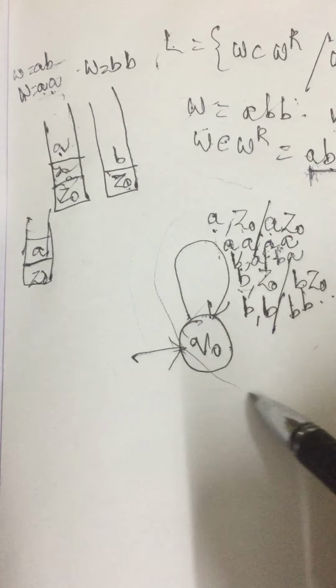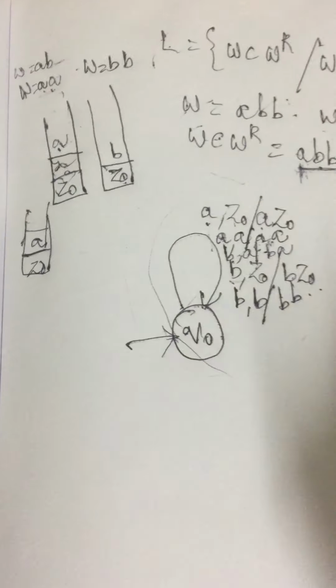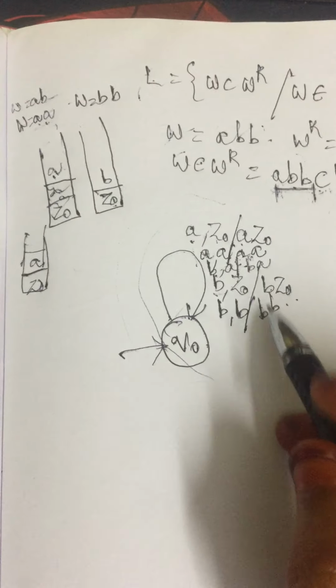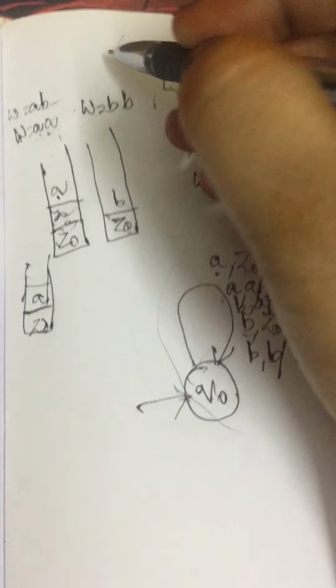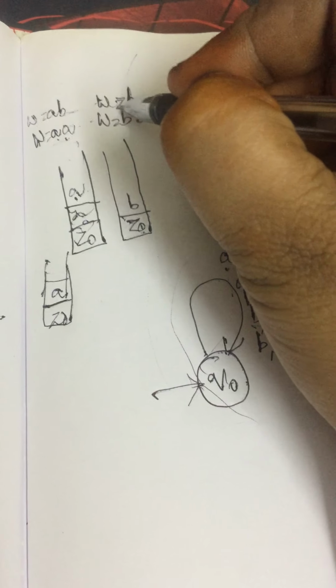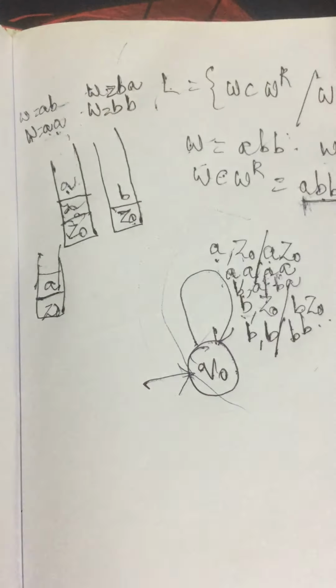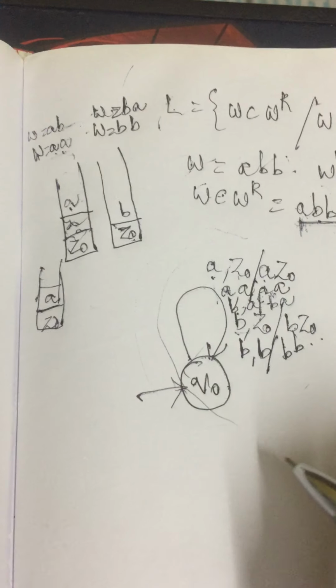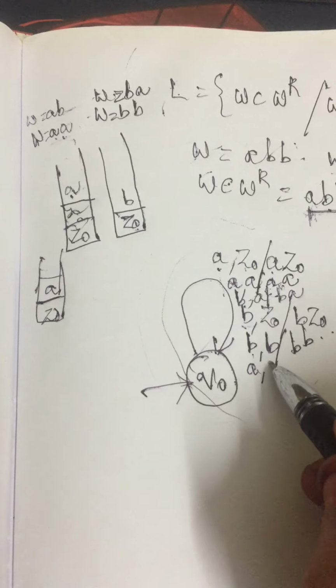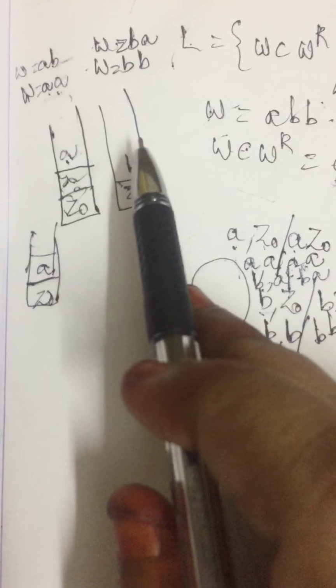Everything is the W part, but we are considering different scenarios of the W part. That's it here. And suppose after the first B, my input alphabet is A. Now the present input symbol is A, and the top of the stack is B.